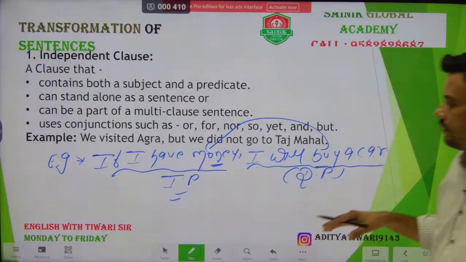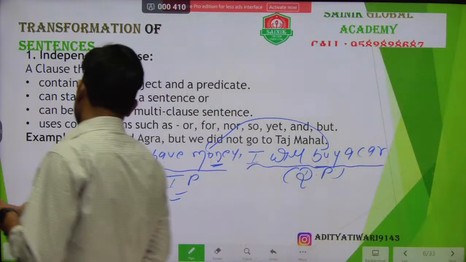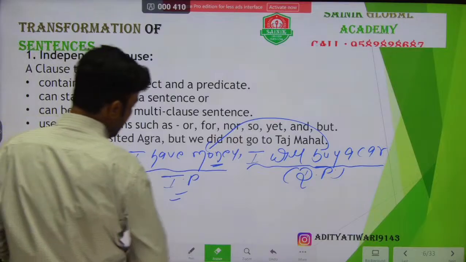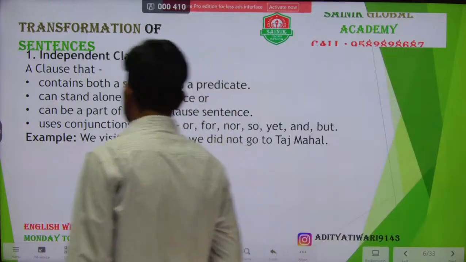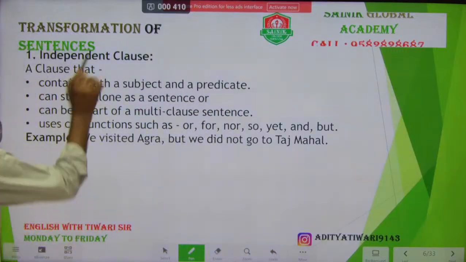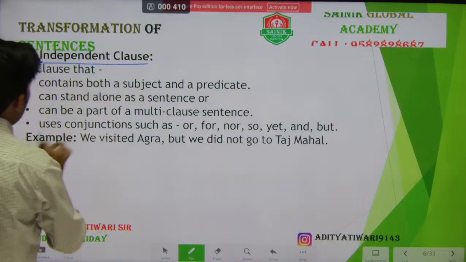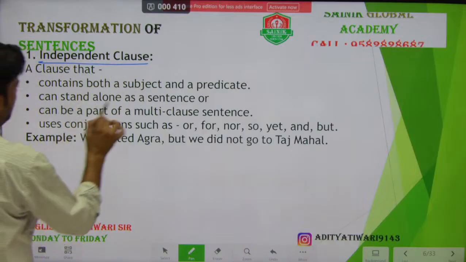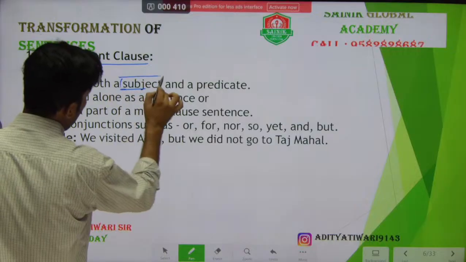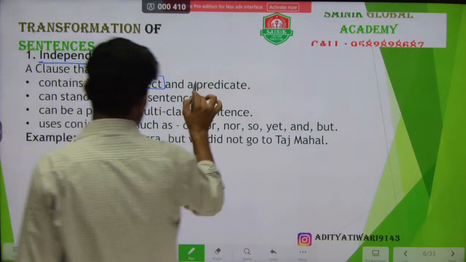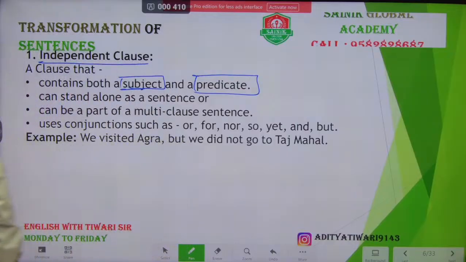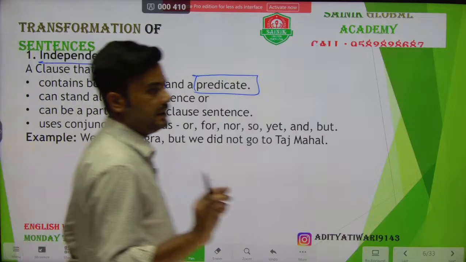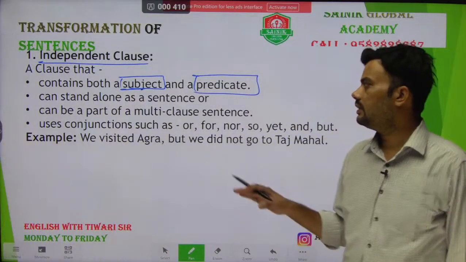So I hope, beta, you all understood about dependent and independent parts. Once again I am going to explain the independent clause. An independent clause contains both a subject as well as a predicate. In an independent clause we have two things to keep in mind: it always has a subject as well as a predicate.